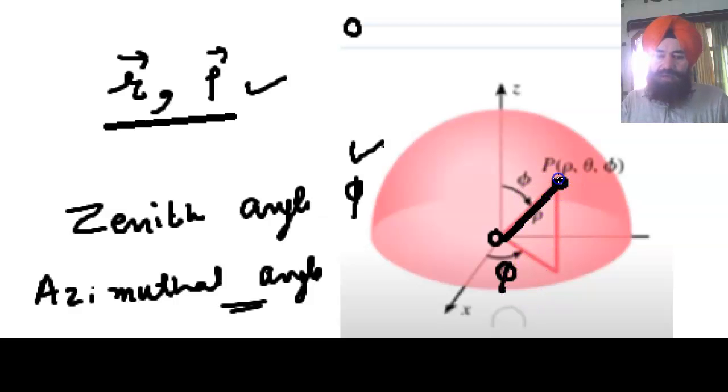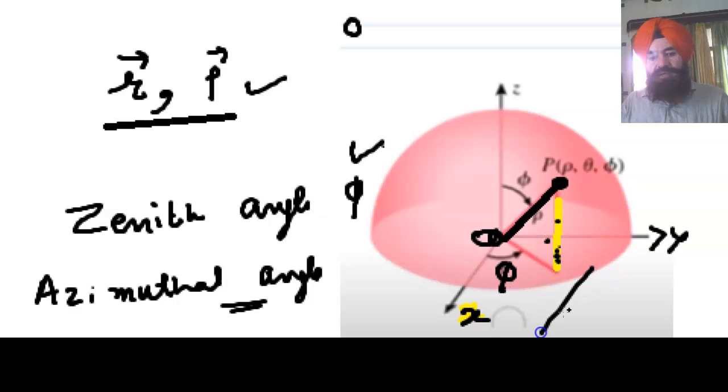This was our point P. From this point P, you draw a perpendicular on the XOY plane.